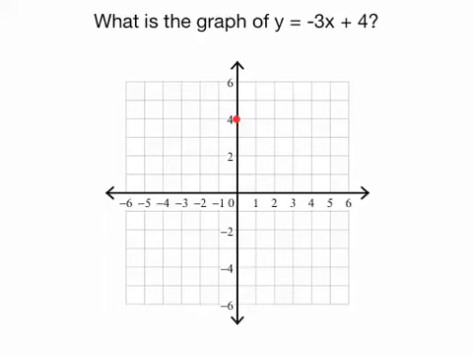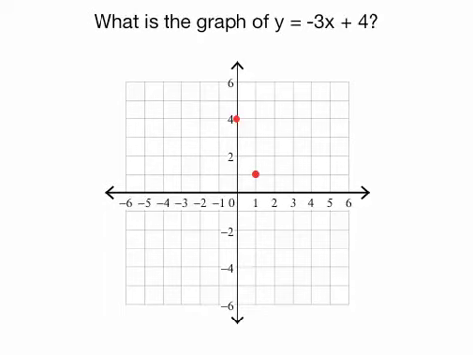Slope is rise over run, so I need to write negative 3 as a ratio, or negative 3 over something. Remember that you can write any whole number over 1 and turn it into a ratio. So this could be the same as negative 3 over a positive 1, which means I need to go down 3 and to the right 1.